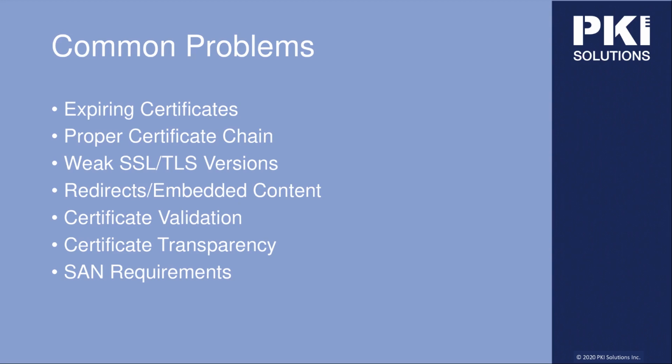If it's an appliance with a management interface, perhaps it may only have SSL 3.0 interfaces, and if your browser is no longer configured to support SSL and requires, say, TLS 1.1, the certificates may be fine, they may not be expired, but it may not actually be able to negotiate through the proper versions of SSL and TLS to set up a connection. We see problems around redirects and embedded content.